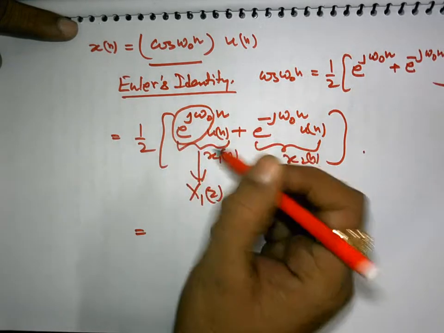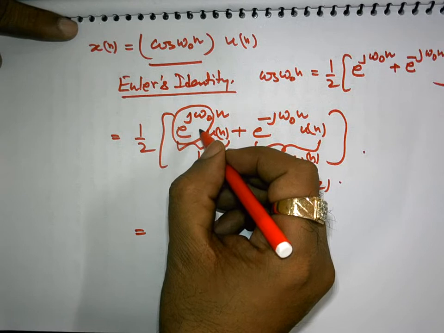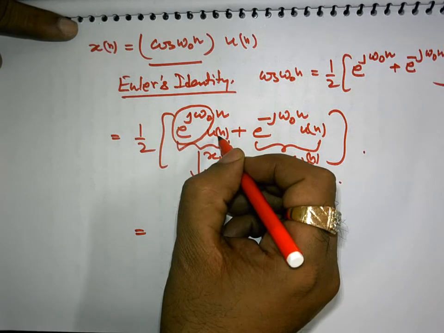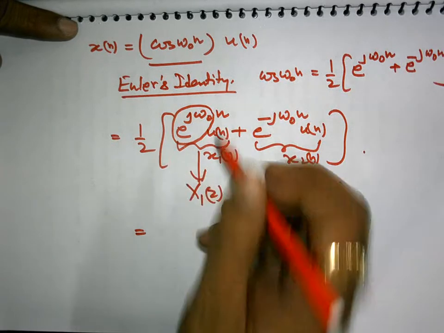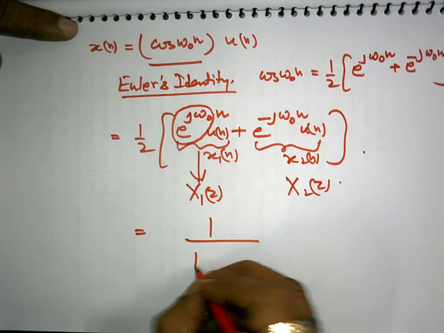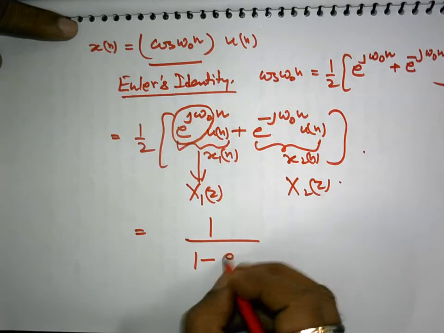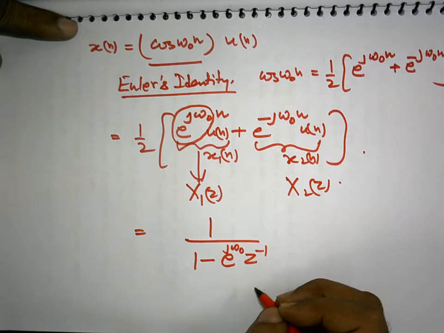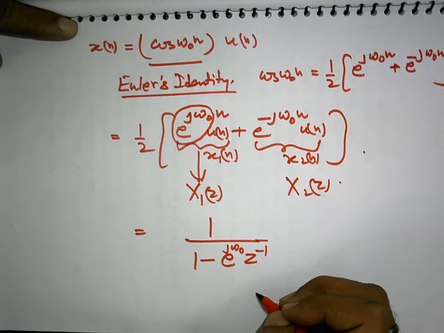E to the power j omega 0 can be assumed as alpha. This is the alpha to the n u[n] kind of situation. So, this will be 1 over 1 minus e to the power j omega 0 z inverse.